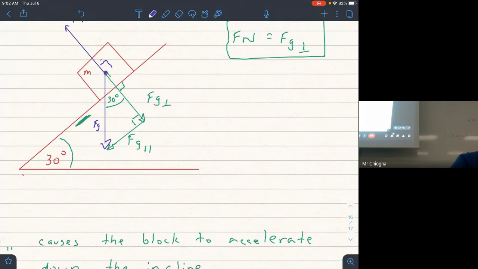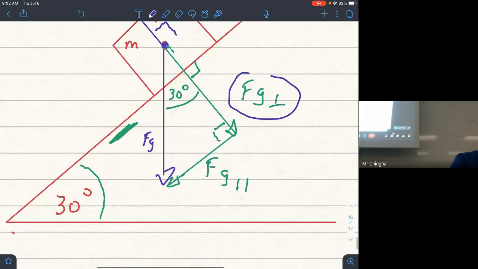Okay, so first of all, I want to find my FG perpendicular, because then I have my FN. FG perpendicular is the adjacent side. If you look at this triangle here, this is the hypotenuse. This is the adjacent side that forms this angle.